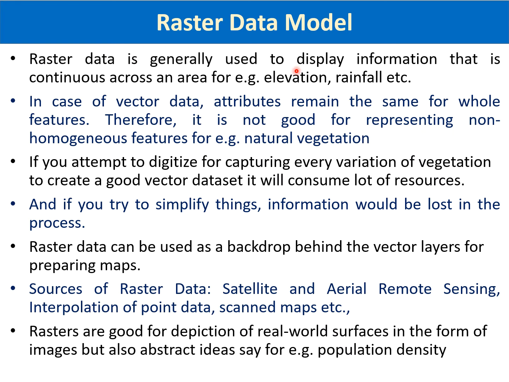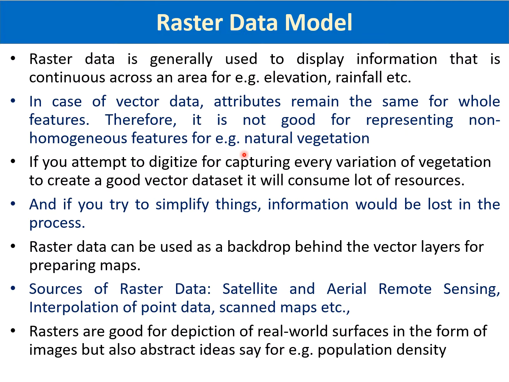Raster data is generally used to display information that is continuous across an area, for example, elevation information, rainfall, and other hydrological parameters. In case of vector data, as you have seen, attributes remain the same for the whole feature or features. Therefore, it cannot be used for representing non-homogeneous features which vary from place to place.